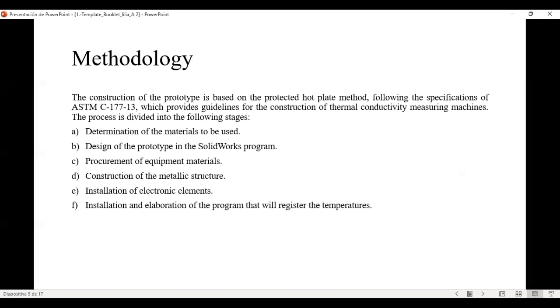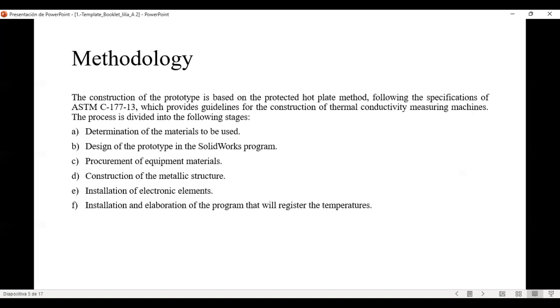Installation and elaboration of the temperature registration program. Having a temperature control is of vital importance within the equipment. For this reason, the programming that controls the K-type thermocouples was carried out according to the ASTM C177 standard.